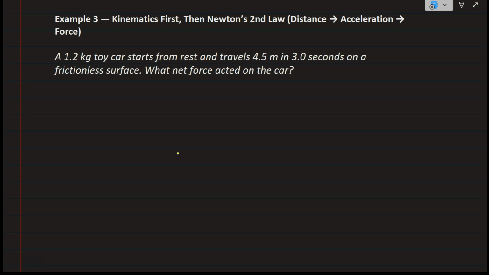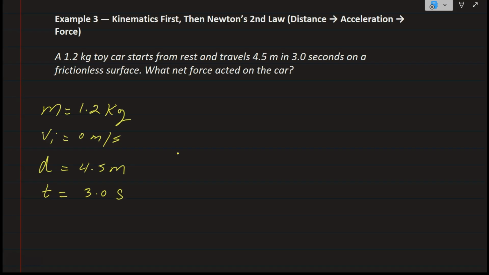So let's write up what we do know. The mass is 1.2 kg. The initial velocity is 0 meters per second. The distance it travels is 4.5 meters, and the time it takes is 3.0 seconds.